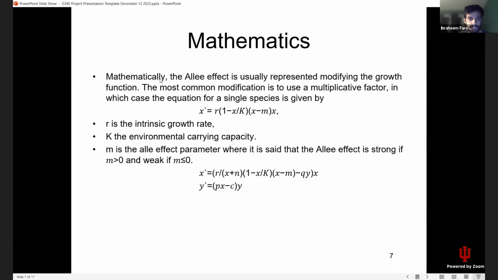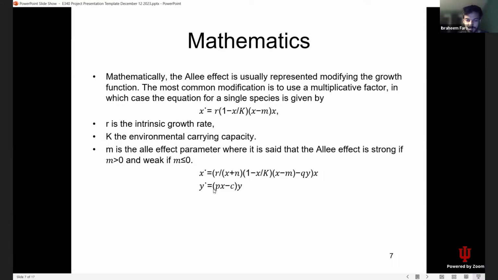So basically, we are just adding this into our system. The letters have changed because every single person who does the Lotka-Volterra model has different letters for everything. But basically, this is still the predation rate.